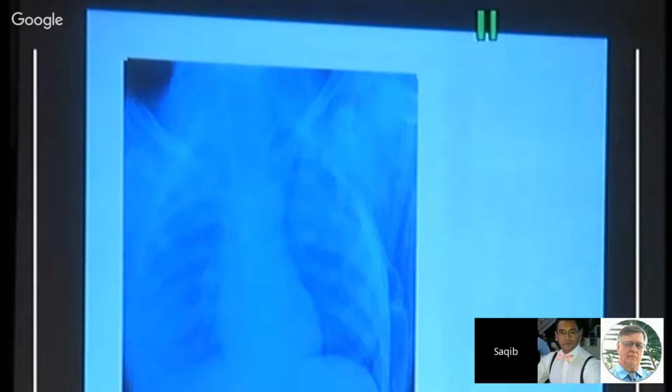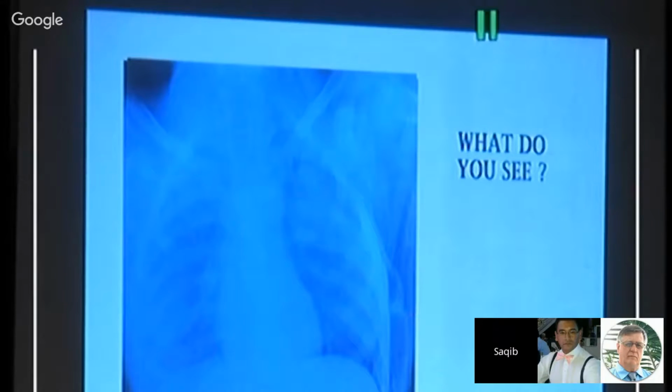Now, this is the X-ray. Anything abnormal you see in this X-ray? Anything abnormal? You mean this one?